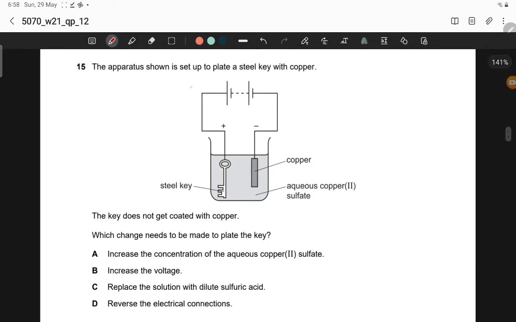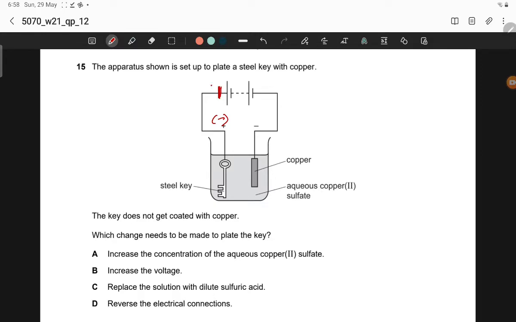Question number 15. The apparatus shown is set up to plate a steel key with copper. The key does not get coated with copper. Which change needs to be made to plate the key? This should be negative, and the connection is not correct.